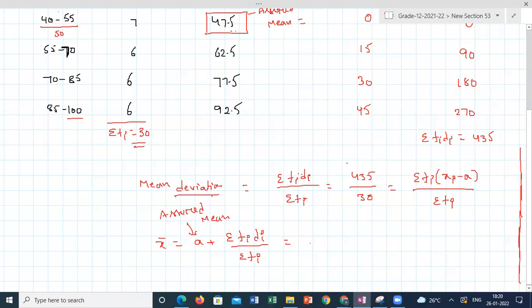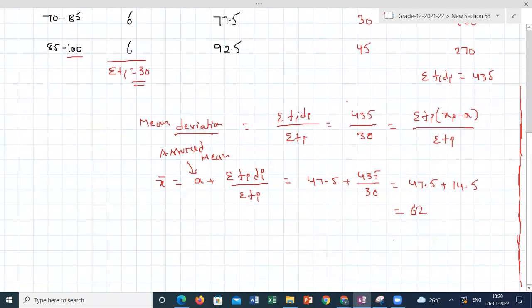The assumed mean is 47.5, plus 435 by 30, which is 47.5 plus 14.5, nothing but 62.